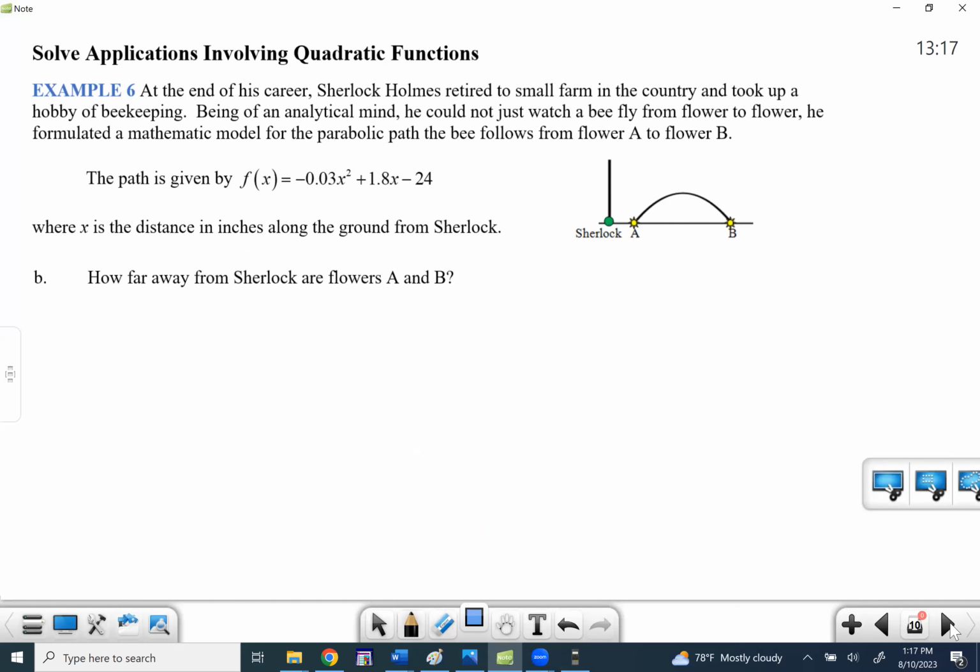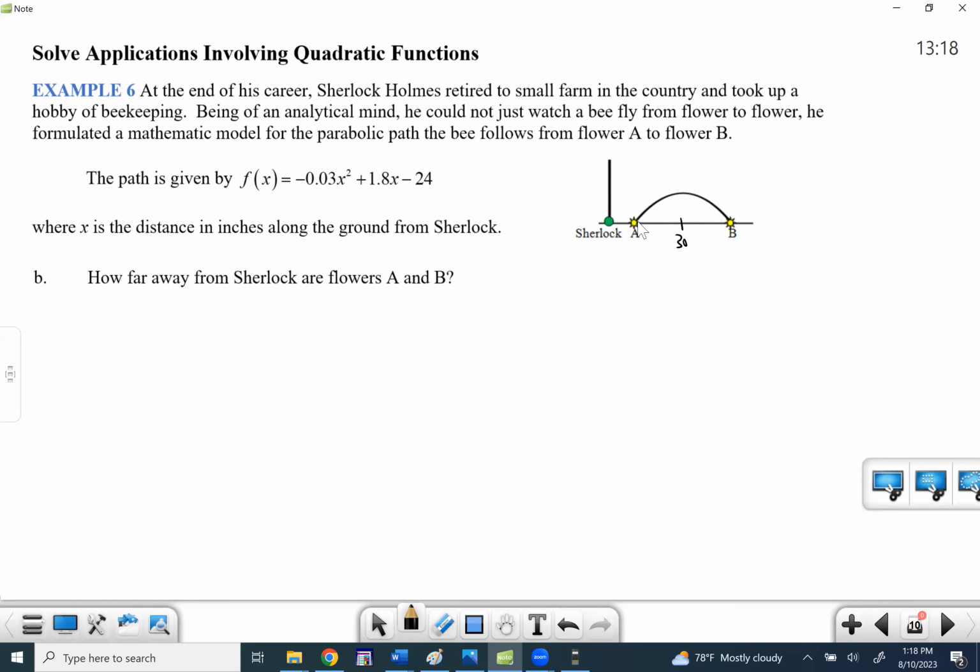Same model, different question. How far away from Sherlock are flowers A and B? So what we want to know, if we're using mathematical language, I'm going to ask you to think for a second if you know the terms for what these are called.